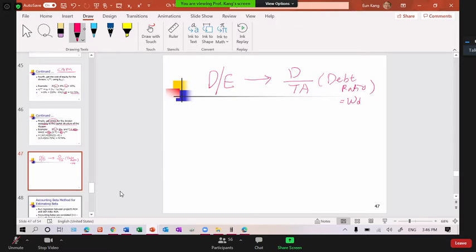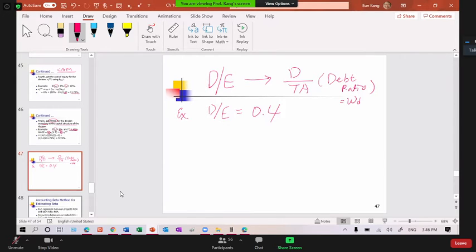Then we have to know how to get that ratio from D over E. For example, this one, D over E is 0.4, right?